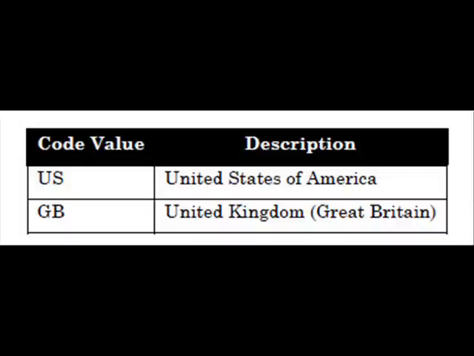The code description is the more meaningful name or label displayed in place of the code on screens, drop-down lists, and reports, often known as the business name. Note that in this example, the code value for United Kingdom is GB, according to international standards, and not UK, even though UK is a common short form.